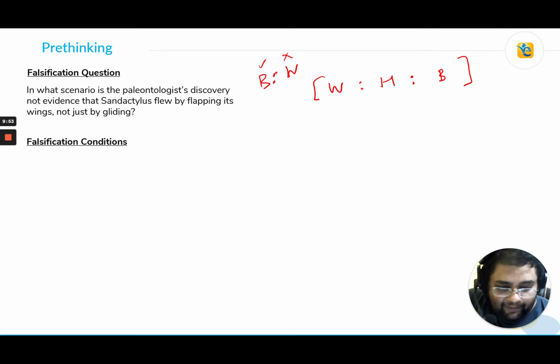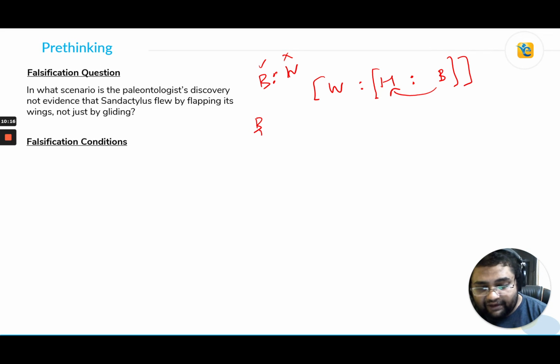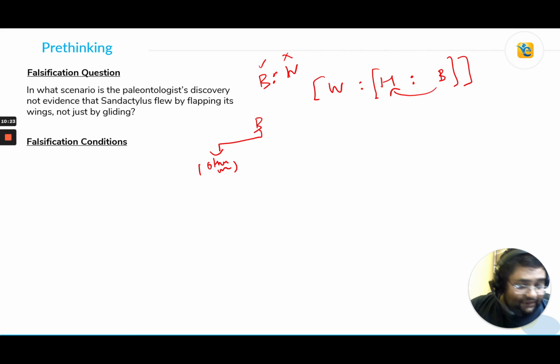So number one, the author seems to be assuming that just like in bats, even in Sandactylus, these blood vessel networks must have the purpose of heat dissipation. But in reality, what if it is not so? What if blood vessel networks have no purposes related to heat generation? One situation: the blood vessel network has some other singular purpose which has nothing to do with heat generation.